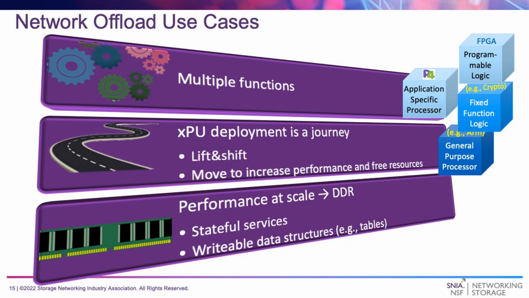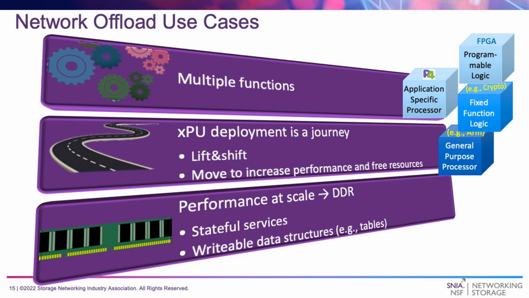And the deployment of an xPU to offload network functions, as well as the other type of offloads we will talk about later, it's usually not a one step. It's usually a journey where we start maybe by porting to a general purpose processor on the xPU software that we already have to implement those functions running on general purpose processor on x86.